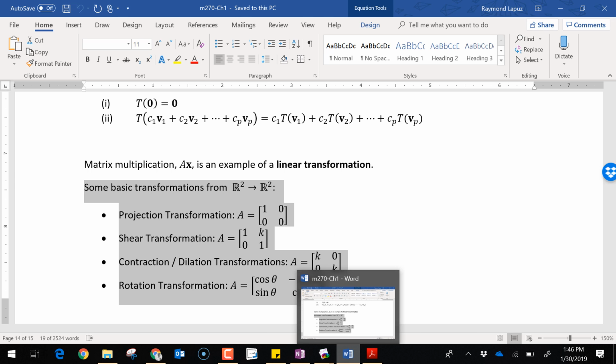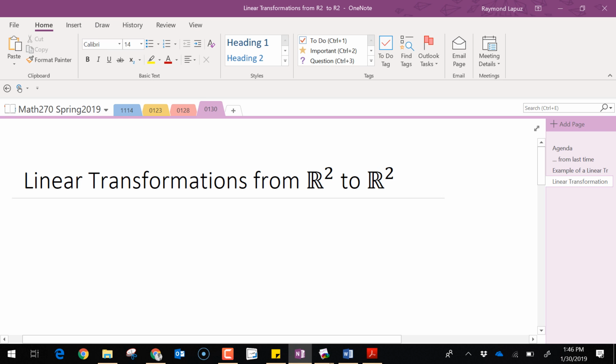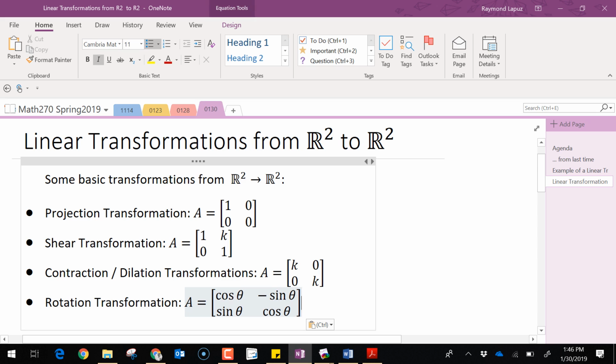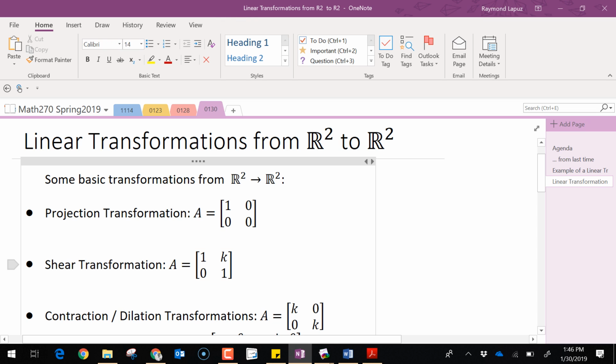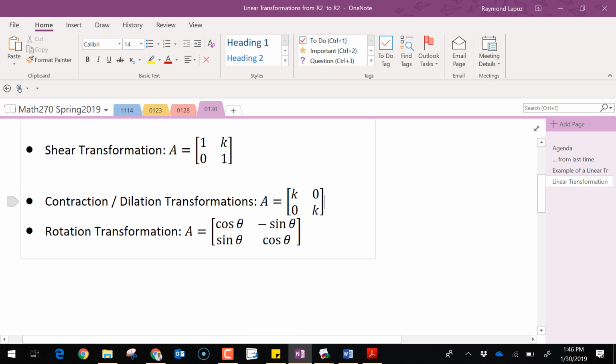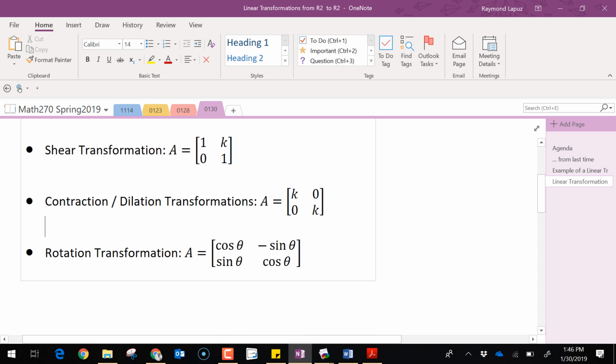And so I'll just list a bunch of examples and show you how they look in the graph, just so you can try to visualize what they are. So there are transformations called projection transformations, shear transformations, contraction and dilation, but you can think about it as expanding and compressing, and then rotation transformations.